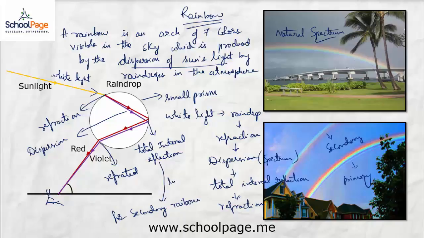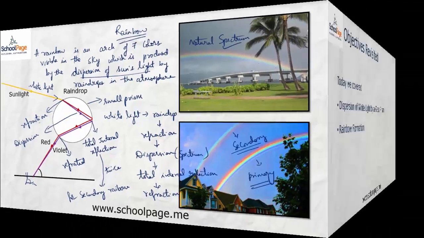This is how you are able to see two rainbows. So this is the only basic difference between the primary rainbow and the secondary rainbow. Here total internal reflection has taken place once, whereas here the total internal reflection has taken place twice.